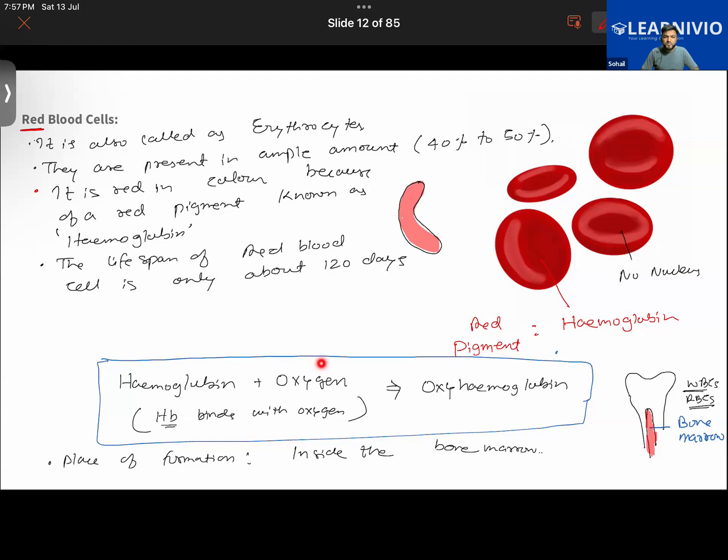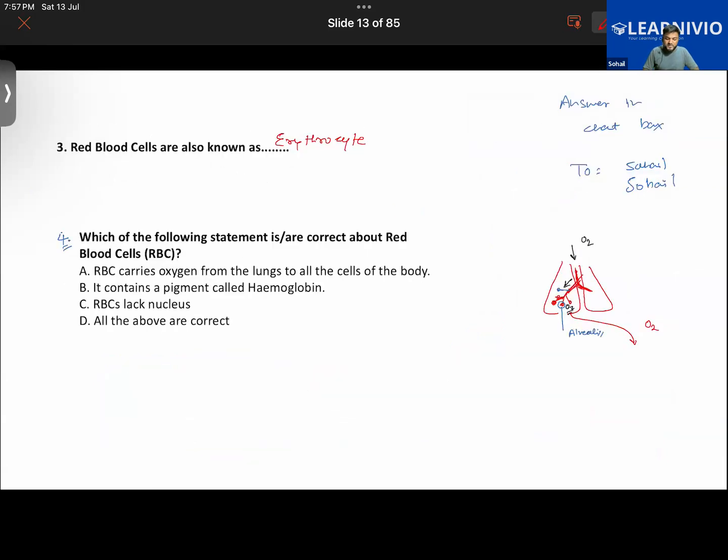So what happens here is, as the oxygen goes into our lungs, from the lungs it will go into the blood. In the blood we have red blood cells, and in them we have a pigment called hemoglobin. Hemoglobin reacts with the oxygen and thereby forms oxyhemoglobin.